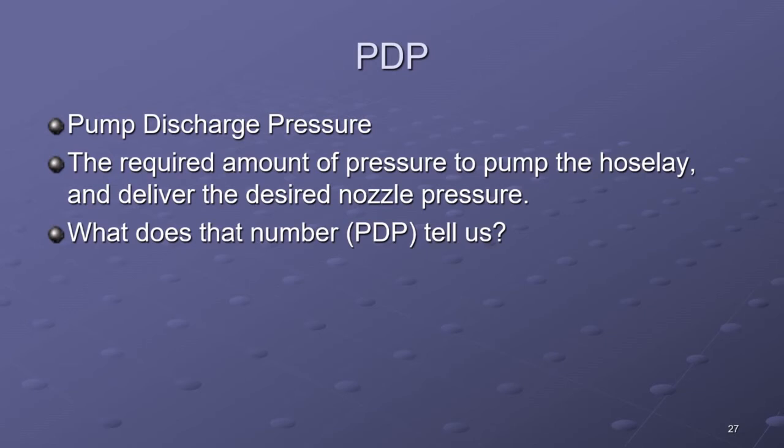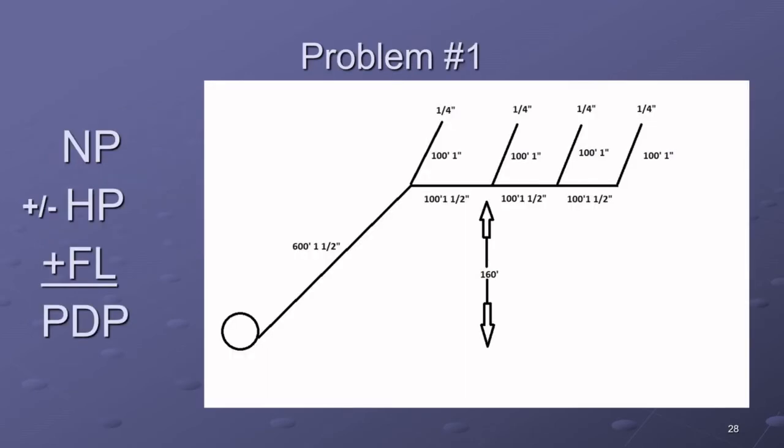The answer is, what kind of engine do you have? It kind of depends. Can your hose handle that much pressure? Most of our hoses are only rated to about 300 psi. So if I need 450, I'm probably not going to be able to do it. I'm going to have to change something in my hose lay to reduce the overall pressure demand.